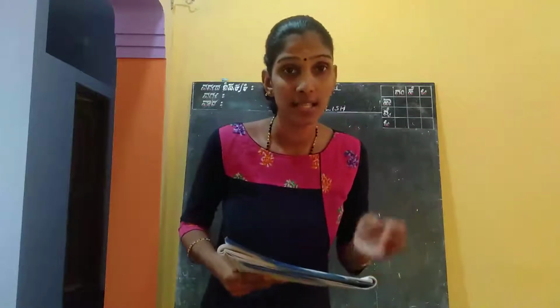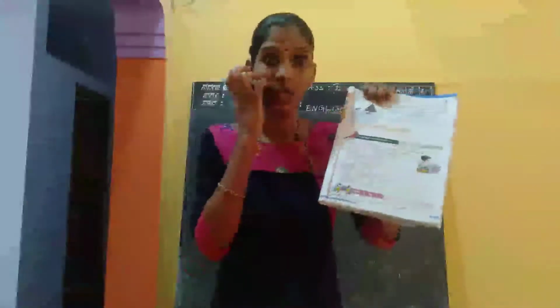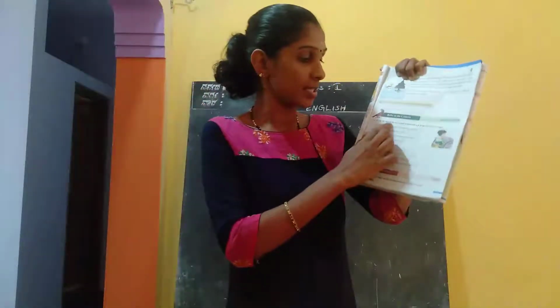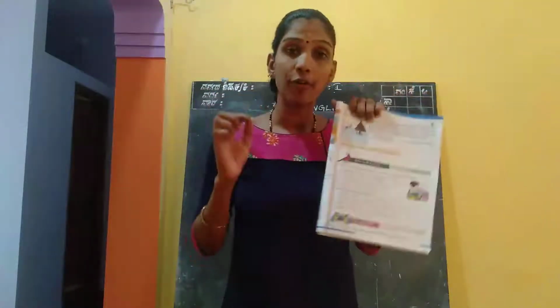Winter season is her favorite season. The fourth statement is also correct, right? We can put a tick mark in the box. See, the first and second statements are wrong, and the third and fourth statements are correct. We can put a tick mark there.